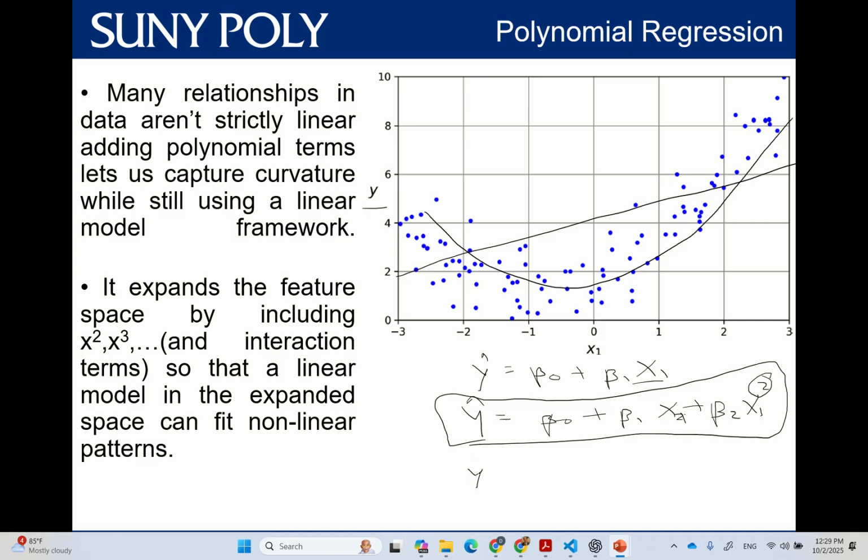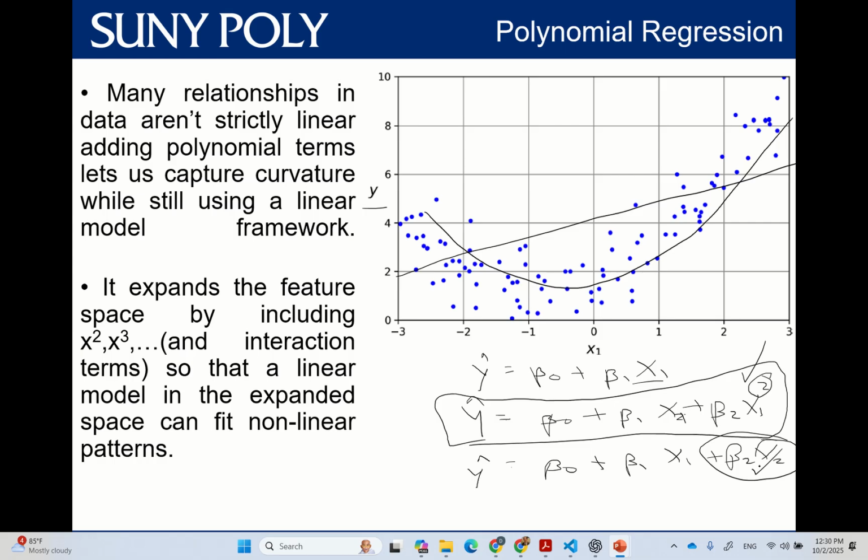That will be y hat equal to beta 0, this is what's happening internally, beta 1 times x1 plus beta 2 x2. So we're increasing another dimension in our problem. In one dimension, this is nonlinear, but when we expand our features, then this is linear.